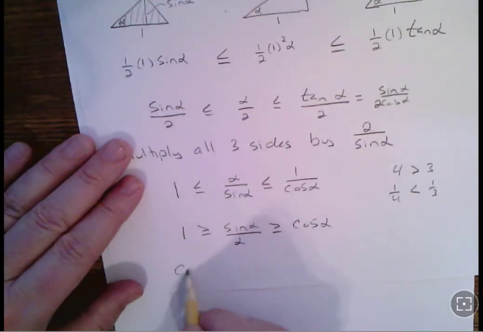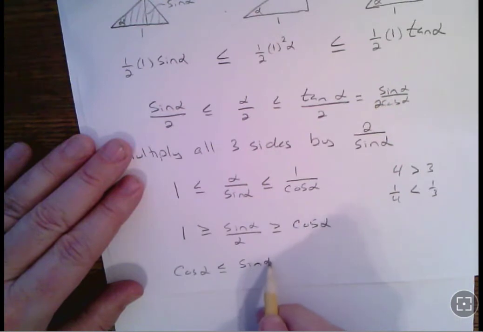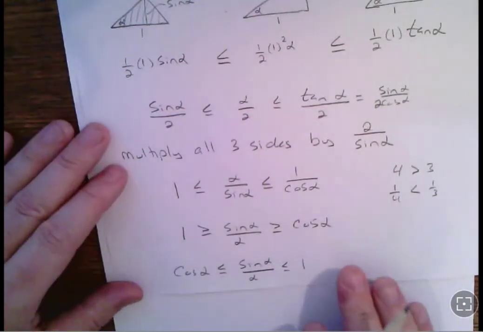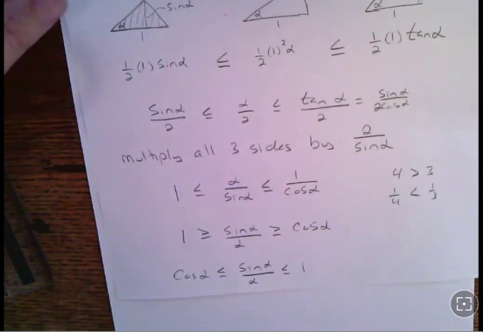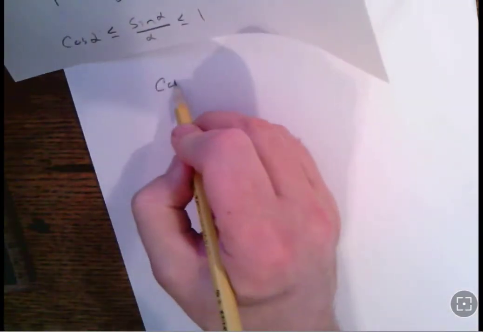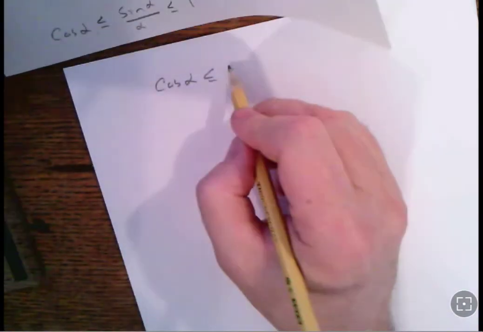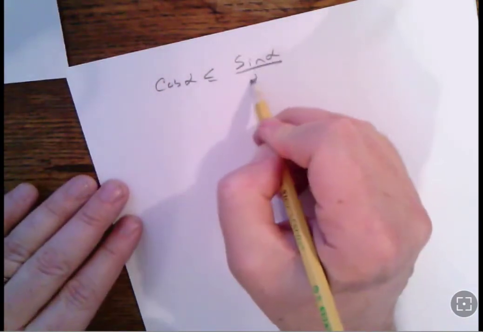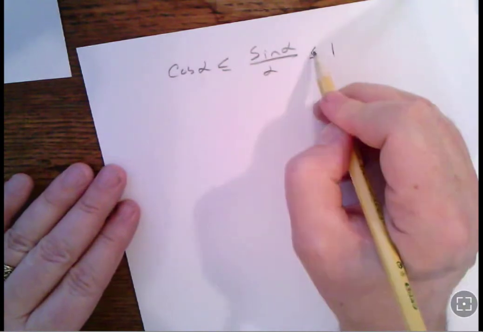So if I put the cosine of alpha over here, then that would be less than or equal to the sine of alpha divided by alpha, which would be less than or equal to 1. All right, so let's rewrite this on a new piece of paper here. So I have that the cosine of alpha is less than or equal to the sine of alpha divided by alpha is less than or equal to 1.